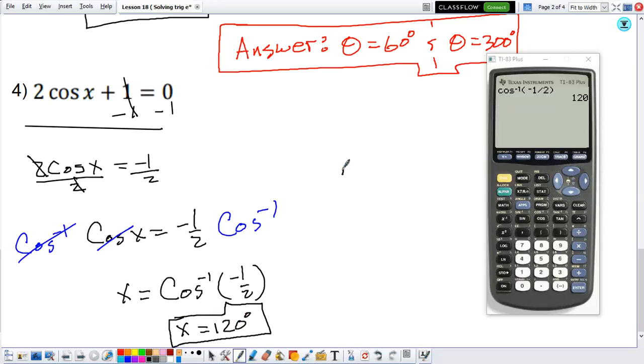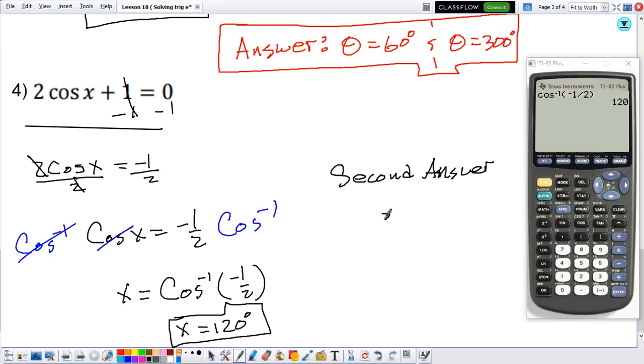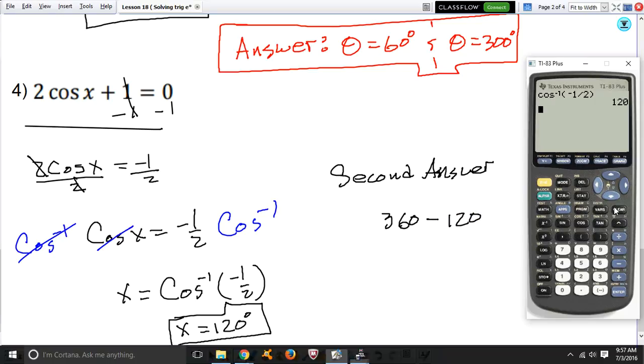Let's check for the second answer. We got to check the second answer because we multiplied by cosine inverse. And because it's cosine, it's going to be 360 minus my first answer, which is 120. So what does that give me? 360 minus 120 gives me 240.